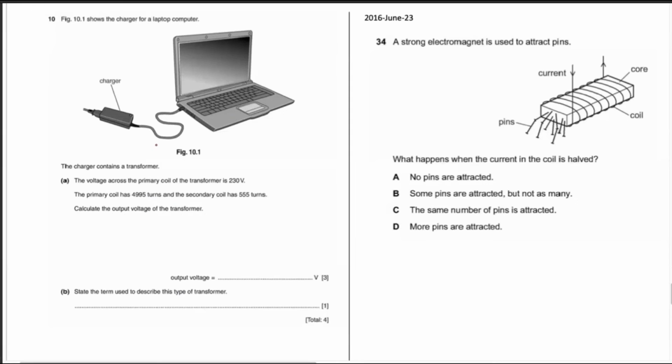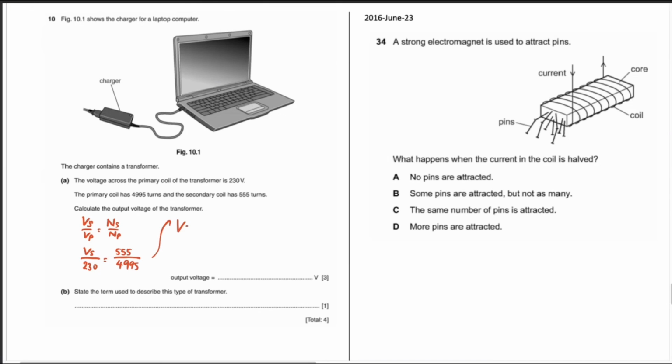Okay, so we just write down the formula. Writing down the formula, you get 1 mark. Since I want to count the output, I put the output on top: Vs over Vp equals Ns over Np. So Vs is unknown, Vp is 230, Ns is 555, and Np is 4,995.